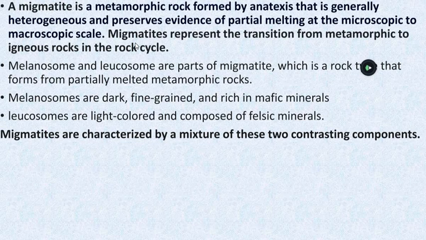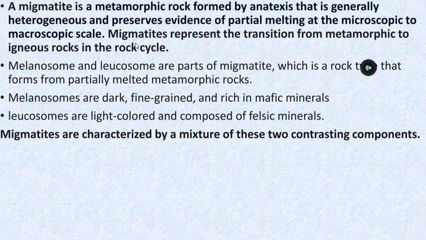Am I right or wrong? In the granulite facies, due to the high temperature, some transition between igneous rock and metamorphic rock will happen. Yes or no? So at that high temperature partial melting will occur, and due to the partial melting, migmatite will form.